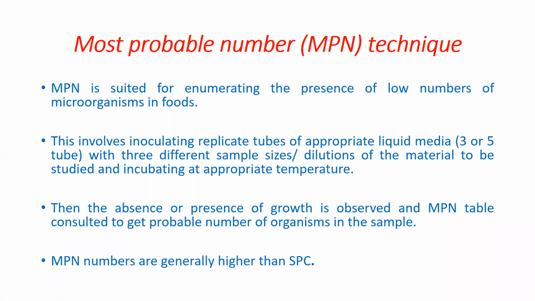The most probable number technique is especially suited for enumerating low numbers of microorganisms in food. That means if the food contains a very low number of microorganisms, MPN is very suitable for counting them. It involves inoculating replicate tubes of appropriate liquid media. Basically there are two methods, the 3 tube method and the 5 tube method.